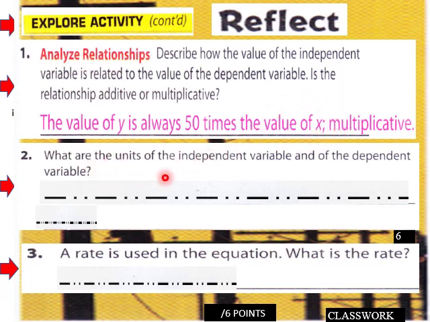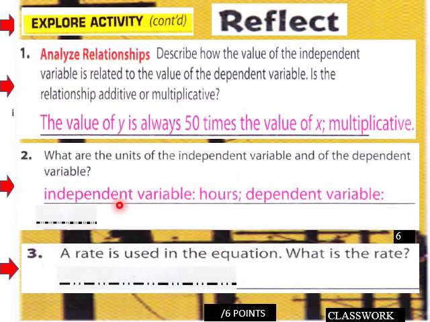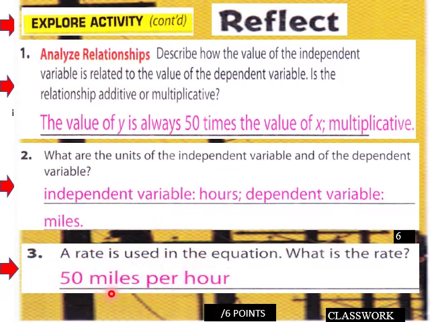Number 2, the independent variable is hours, and the dependent variable is miles. Number 3, what is the rate? It's 50 miles per hour. Here's your rate, 50 miles per hour. This is like a fraction bar for the word per.